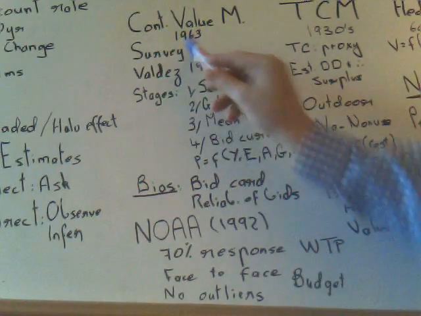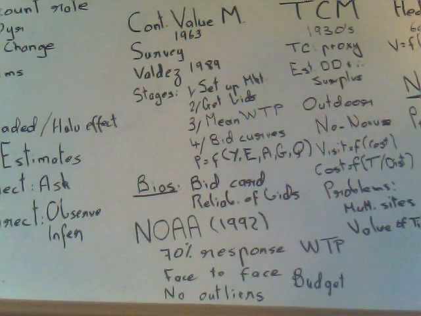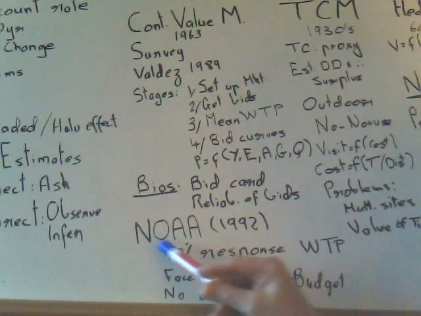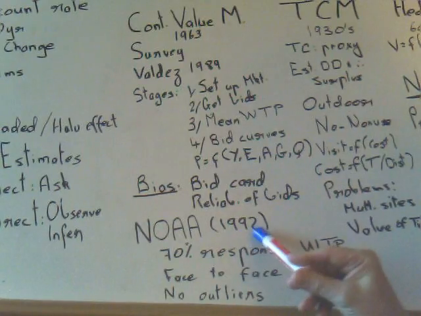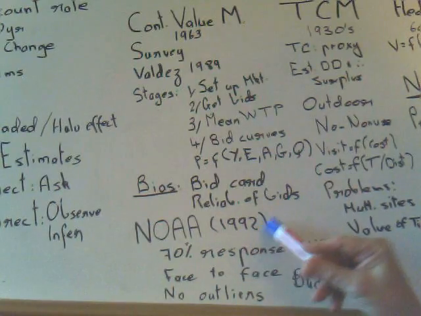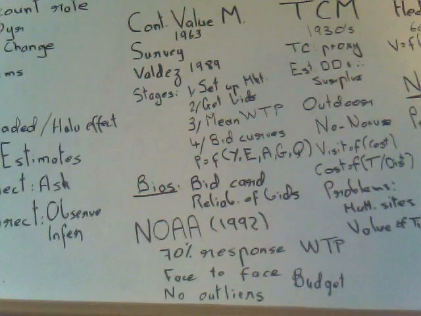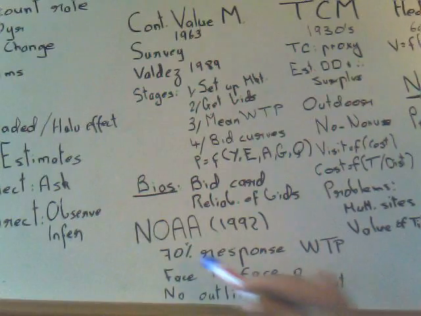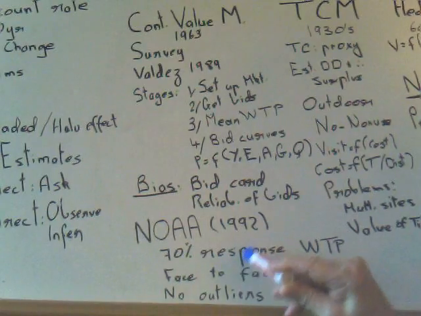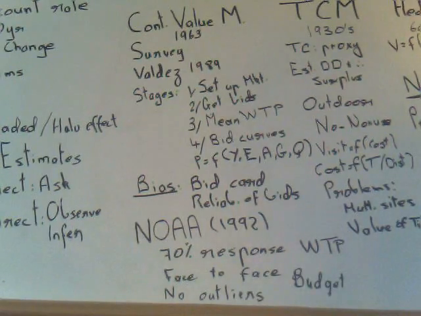How do you go ahead and collect a survey? Well, you collect the data for a survey either by interviewing people, by calling them over the phone, by sending it to them by mail, or these days by email. This panel decided in 1992, and actually the report was written in 1993, and it really became sort of the law in 1994, that you need 70% response and you must have face-to-face.